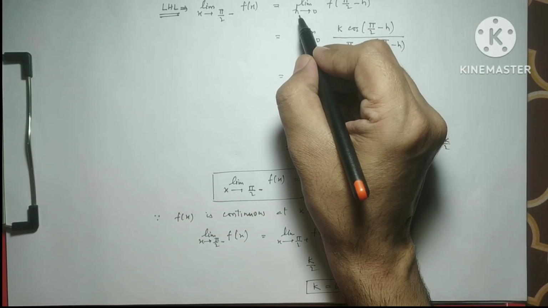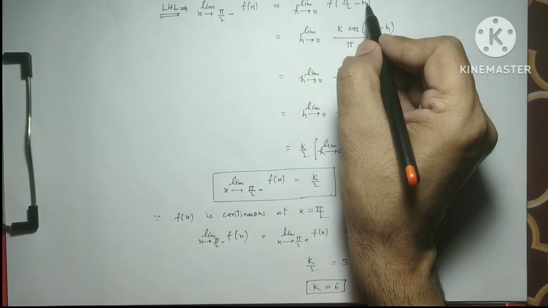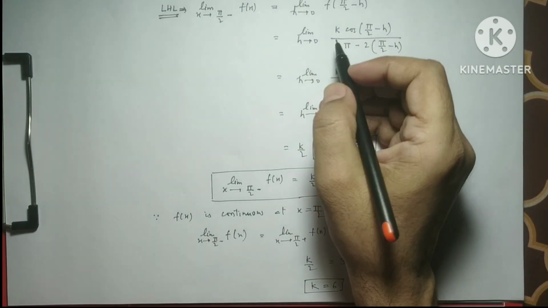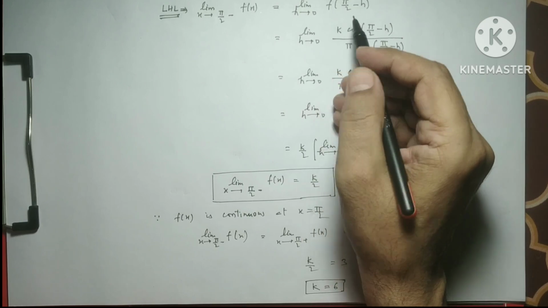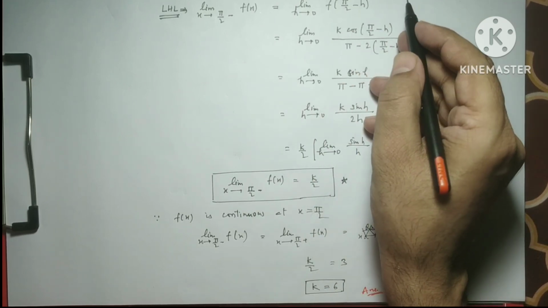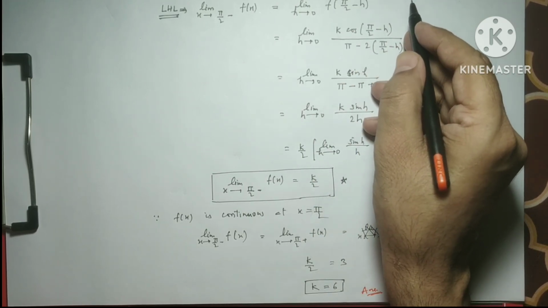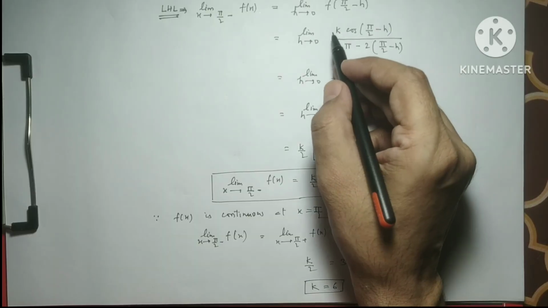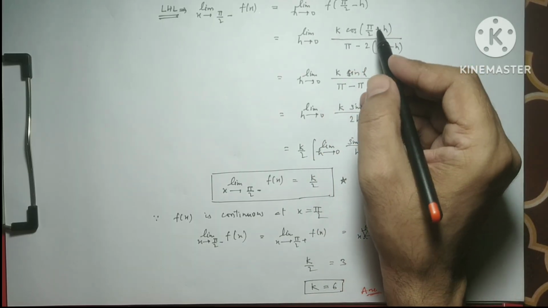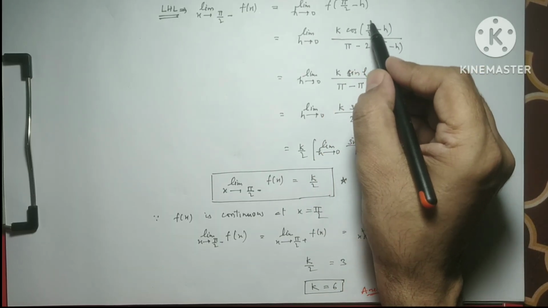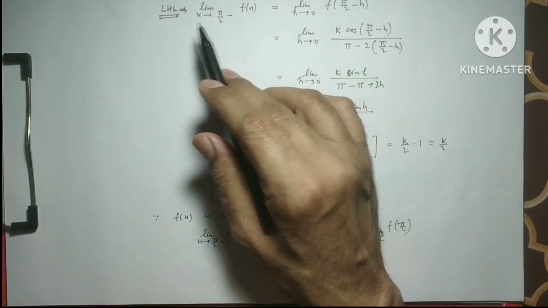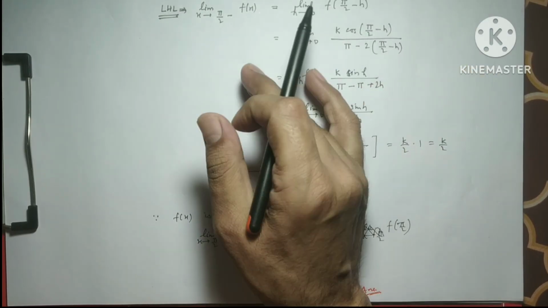So we take limit h tends to 0, f of pi by 2 minus h. So we use the same expression which is used when x is greater than pi by 2, but right now we put the value of x as pi by 2 minus h, because it is the left hand limit, a slightly lesser value.